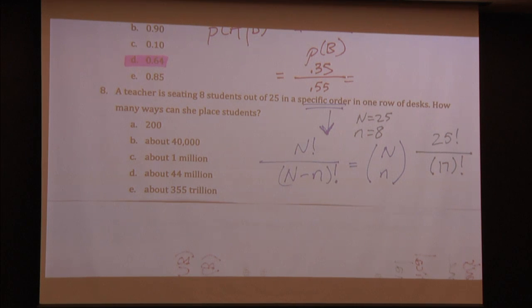I'm just going to double check on my calculator because I solved it out earlier. I'm getting a little bit of a bigger number. Did anyone else get a different number?